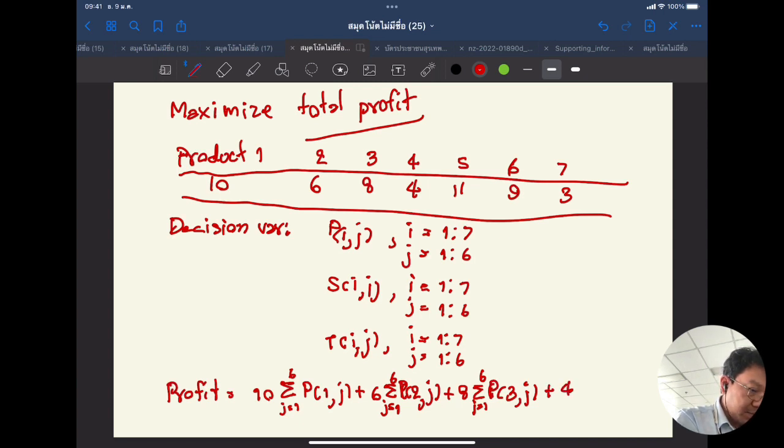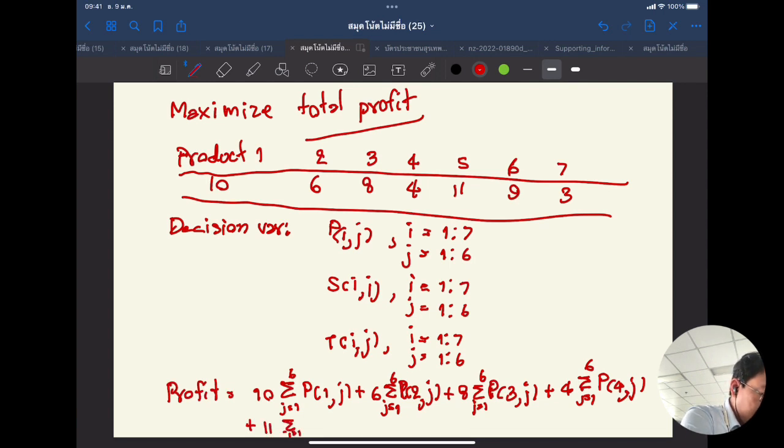And we have the contribution of product 4. I don't have space at the end of the line, so I begin the next line. Yeah, 11.